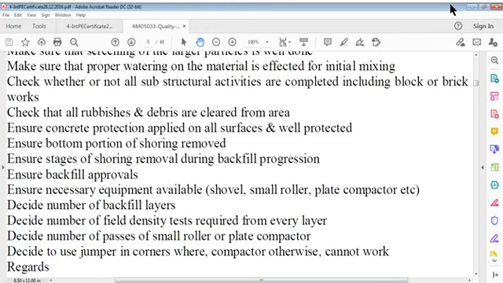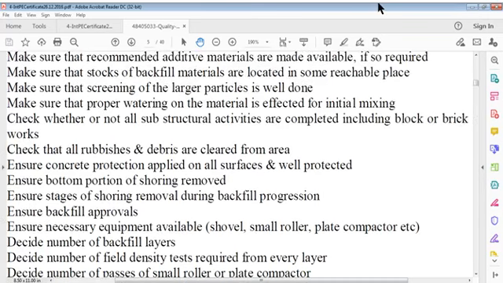Once rebound stage reaches, and a jumper you have to use for corners where the compactor cannot reach, cannot work. This is when you can say this is your backfill operation to start. And meanwhile I also close this because time is over.